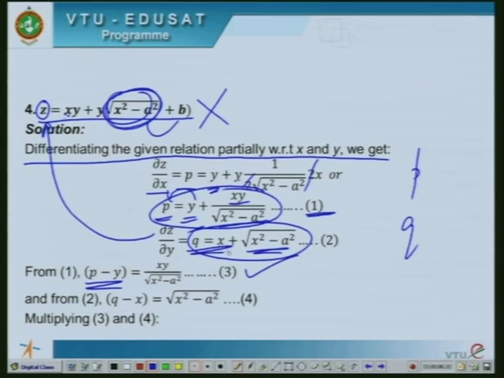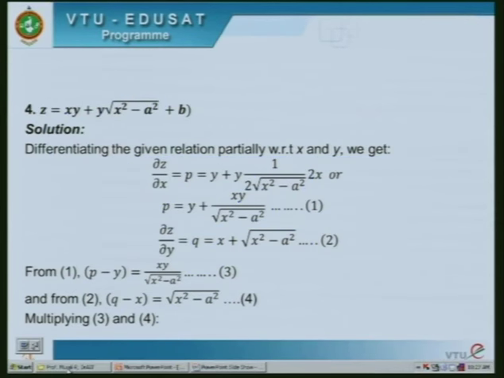From equation 2, shift the x to the LHS, and I get q minus x equal to root x square minus a square. You can observe that in 3, root x square minus a square is present in the denominator. In 4, it is present in the numerator. Just multiply the two expressions to get the required PDE.